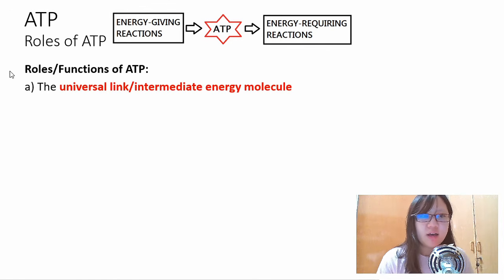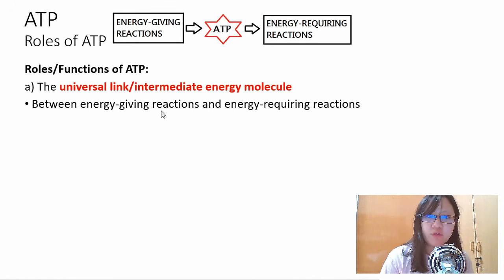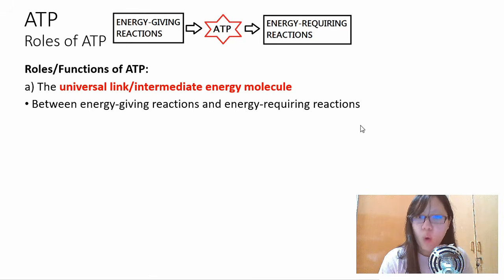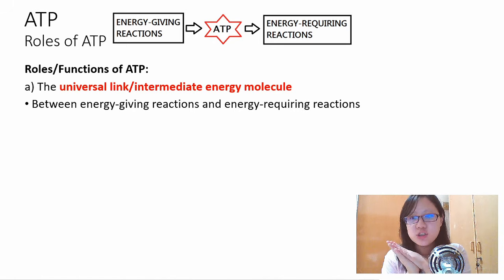Its role is a link, an intermediate energy molecule between energy-giving reactions and energy-requiring reactions. So ATP is sort of like the intermediate person. It takes the energy from the energy-giving reactions and then gives it to the energy-requiring reactions.